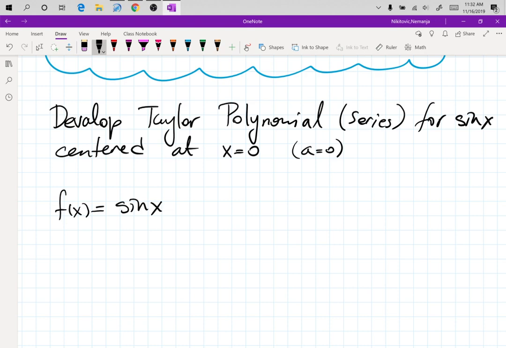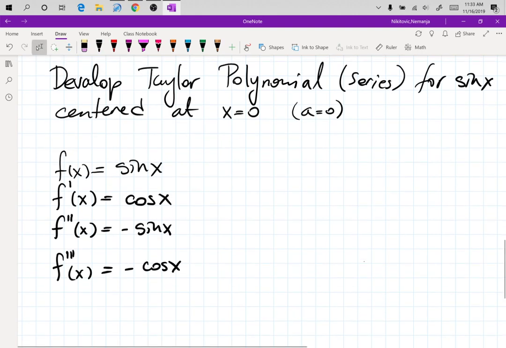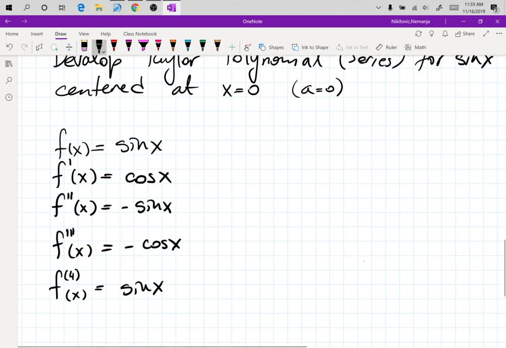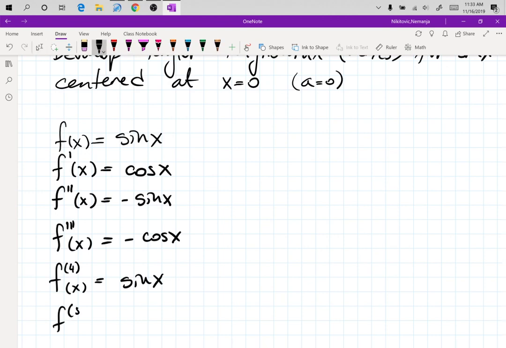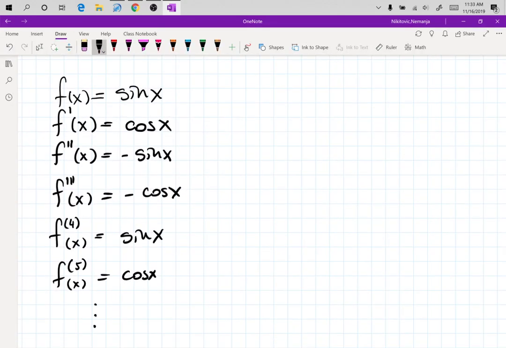So you are going to see it now in notation here. F prime is cosine x. F double prime for the second derivative is negative sine x. F triple prime, 3 of these guys, is negative cosine x. And then here is the switch in notation to the numbers. The 4th derivative is sine x. And then here's the 5th derivative, cosine x. And I'm just going to put 3 dots because the thing is going to go forever.